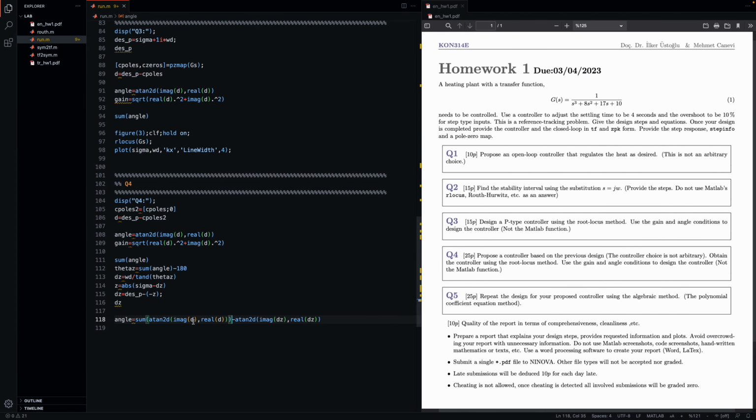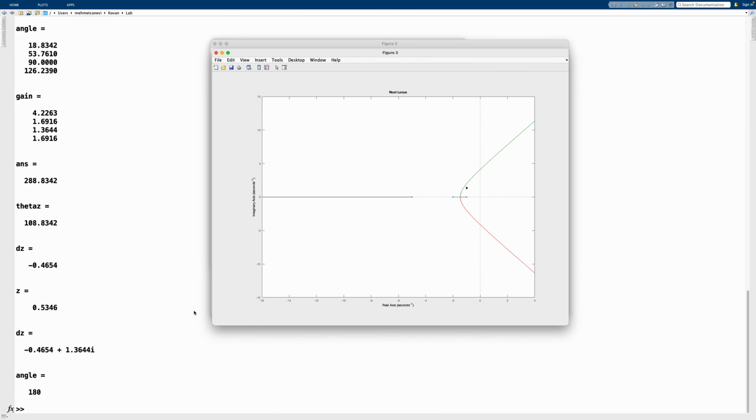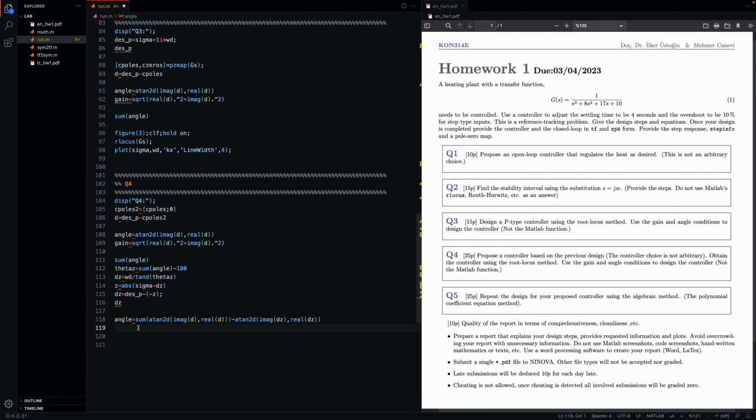So I kind of double checked if this really works, if dz is correct. And you can see when I add a pole at the origin and then add a 0 at that exact location, then I end up in 180 degrees, which seems like it should be working.